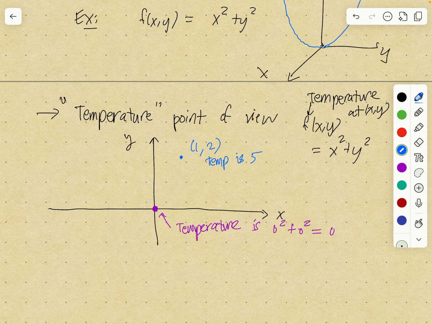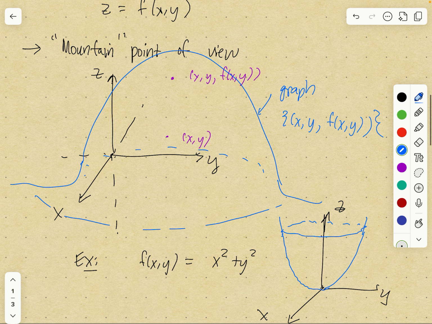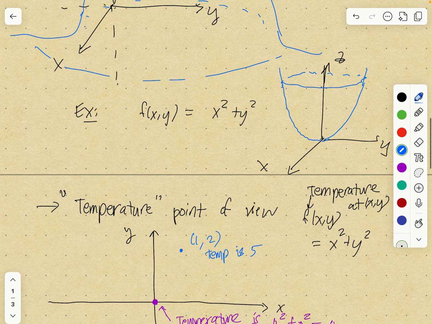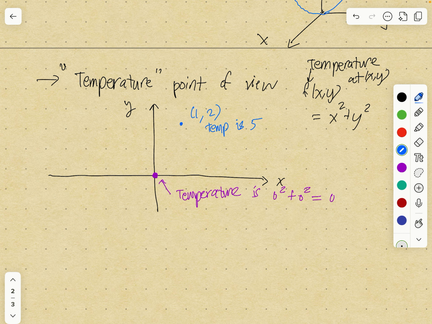And so here, you're actually thinking about your function not in terms of a picture, right? In this point of view, you're not actually graphing the function. You're just thinking about each point on your domain has an output, which is a temperature. Each point has a temperature, and you're not necessarily graphing the temperature.